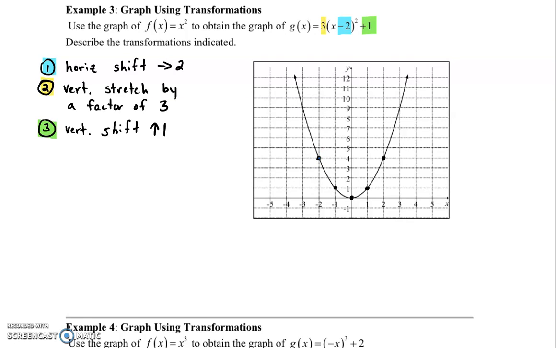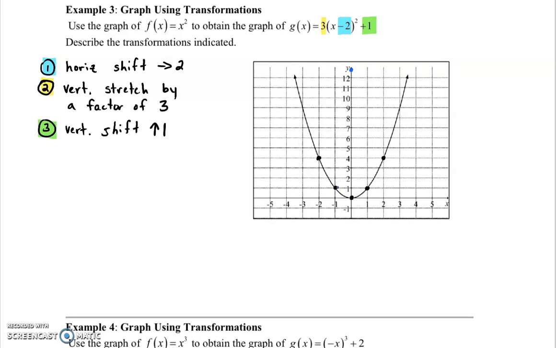So if we start at (-2, 4), we move that point right 2, then we stretch it by a factor of 3, so we multiply by 3. That gets us up to 12 on the y-axis, remember, because it was a vertical stretch. And then we have a vertical shift up 1. So about right here.